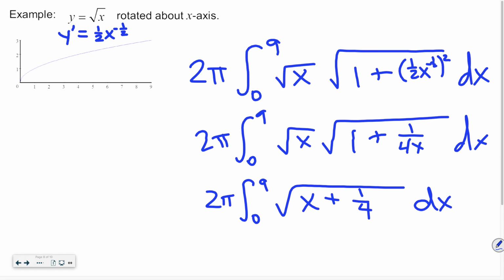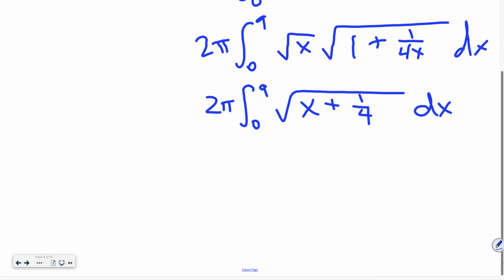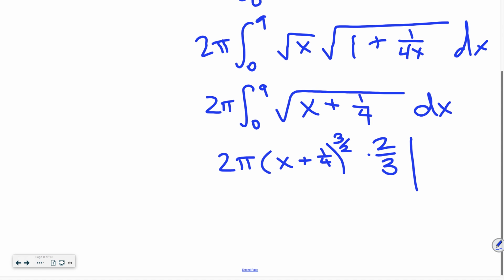Technically we can take this antiderivative, right? We can have 2 pi times x plus 1/4 to the 3/2 times 2/3 evaluated from 0 to 9.